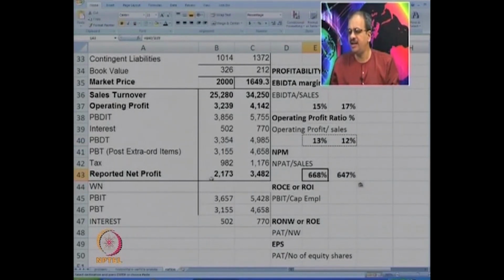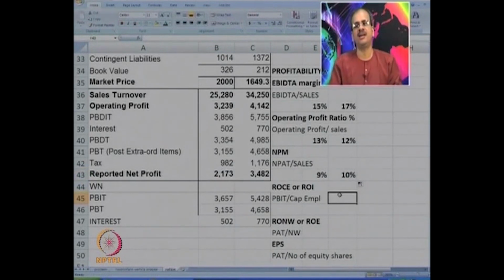So, NPAT is this reported net profit, so B43 upon B36, so it is 9% and in the current year it has increased to 10%.